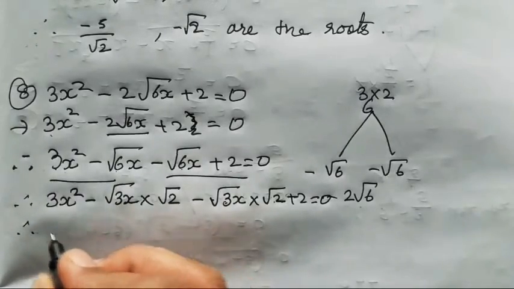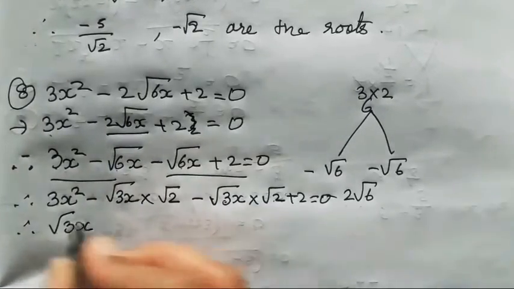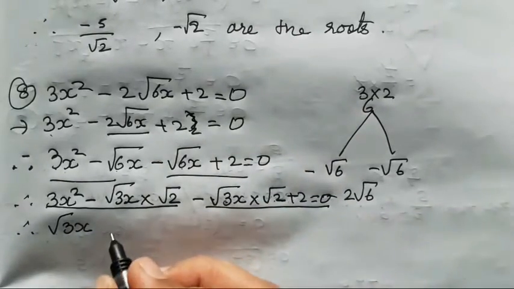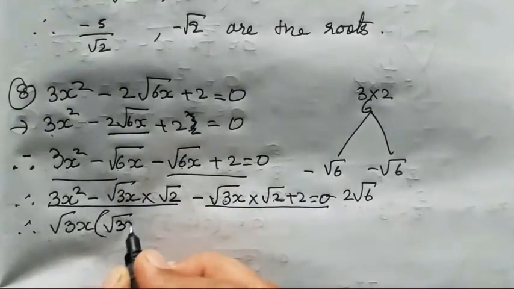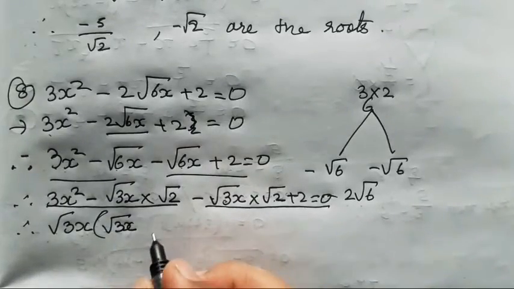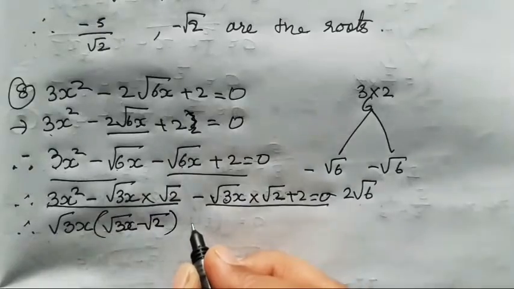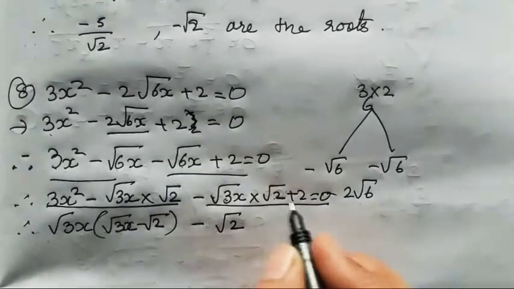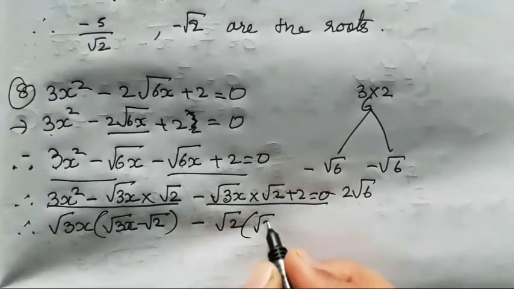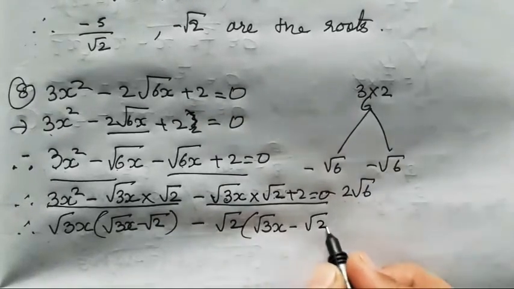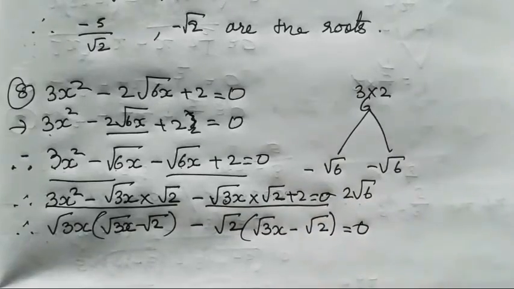Therefore root 3x common you all have to take. Okay, from these things you all have to take the common, which will be root 3x minus root 2. Okay, common I have taken. Then from here root 2 I have taken common. Root 3x minus root 2 is equal to 0.